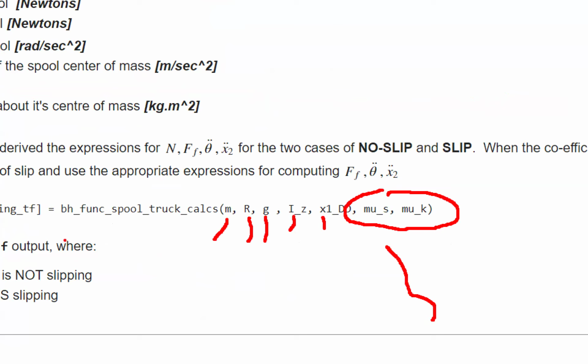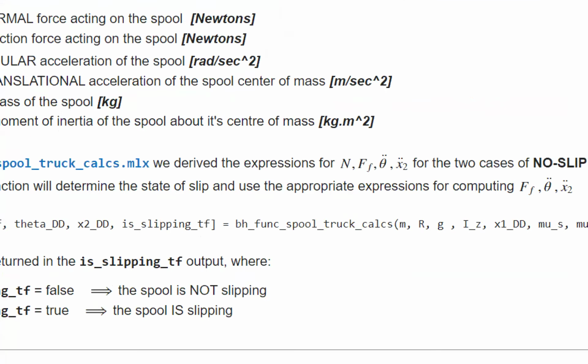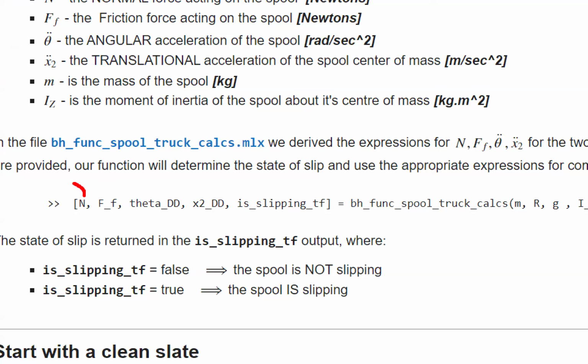So when we invoke this function, bhfunc spool truck calcs, it will again return the normal force acting on the spool, the friction force acting on the spool, the angular and translational accelerations of the spool. It will also return a true or false answer, and that is an answer to the question, is the spool slipping?